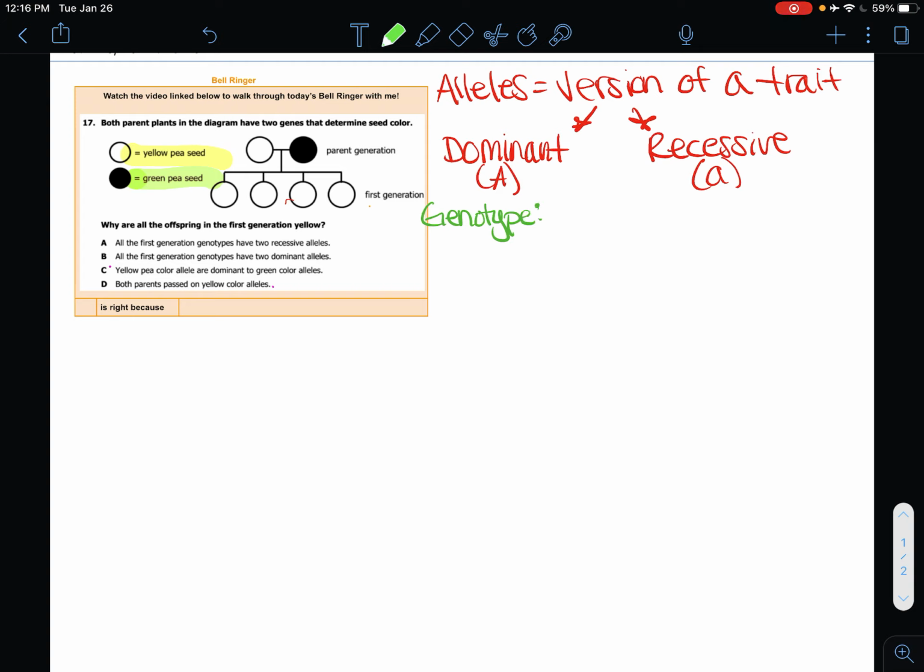Okay? So if you have a dominant genotype, well, let's just say this. There are 3 possible genotypes for a trait that you can have. You can have 2 dominant alleles, a dominant and recessive allele, and 2 recessive alleles.